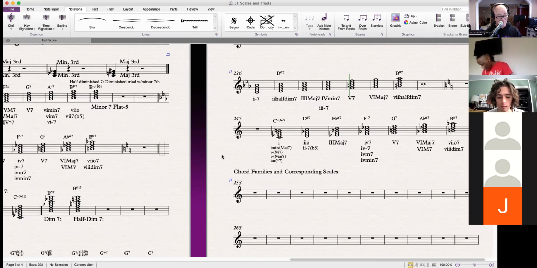I've already hinted at that, but we're going to talk about fully diminished chords as well as half diminished chords, and we'll get to that. All right, so let's start with major chords and the different notations that you might see and why they're major chords and not dominant chords.